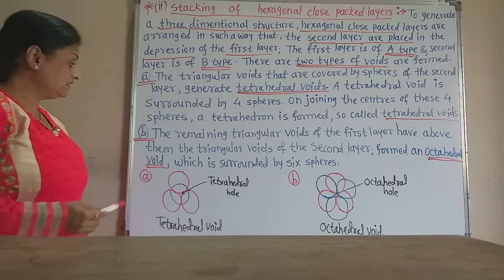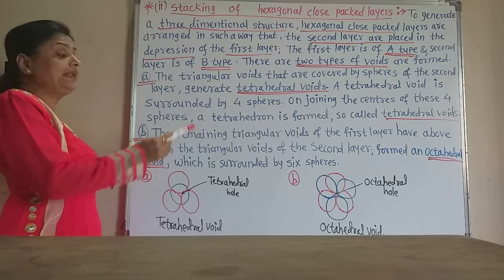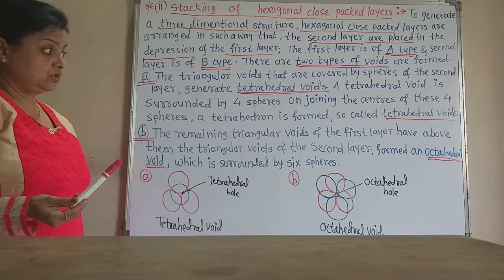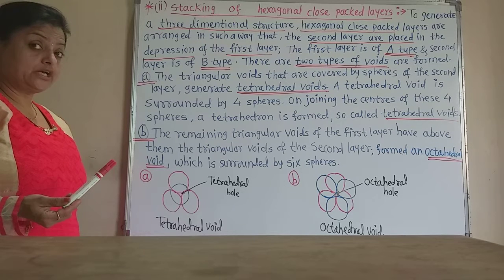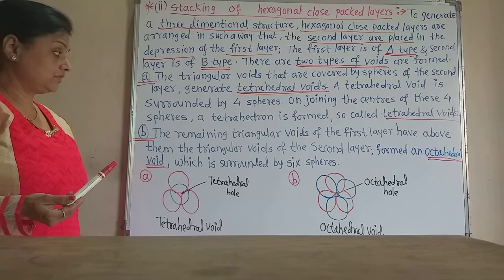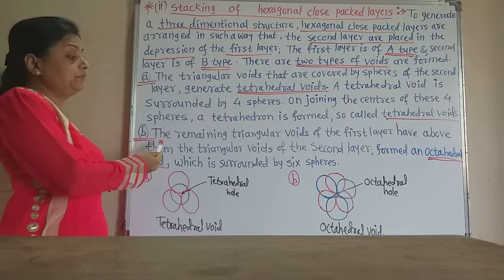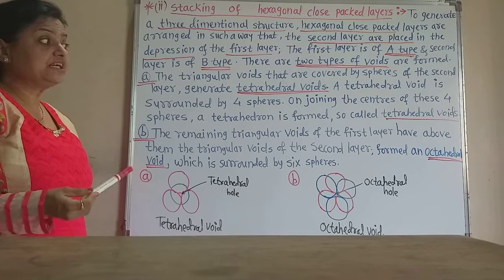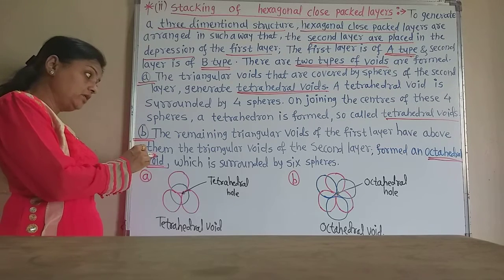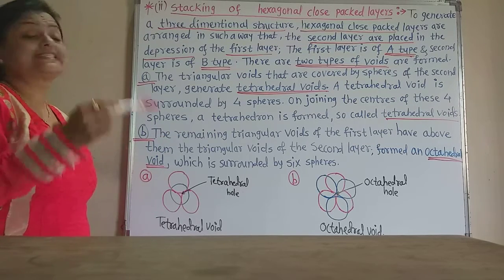And the second, the remaining triangular voids which are not covered by the second layer, are open voids. Above the remaining triangular voids of the first layer come the triangular voids of the second layer.